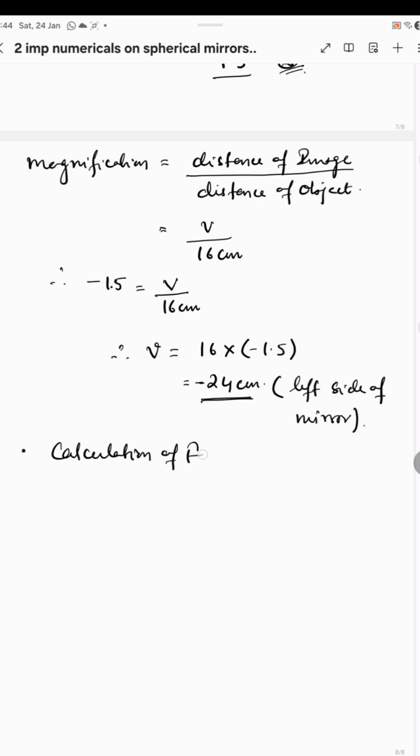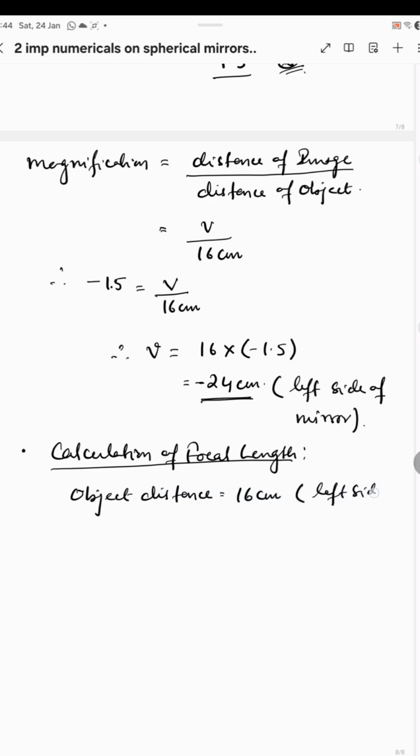Now let's do the calculation for the focal length. We know the object distance is 16 centimeter on the left and the image distance is 24 centimeter, again on the left. So we need to find the focal length, so we'll use the mirror formula.